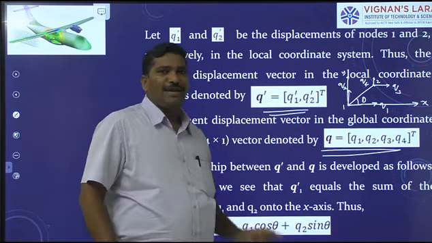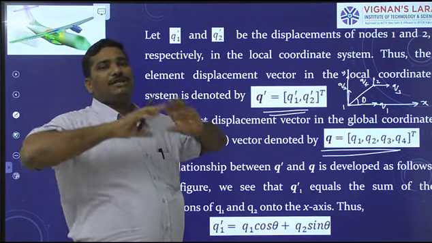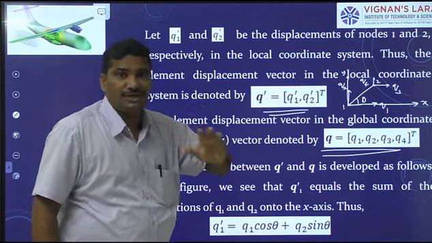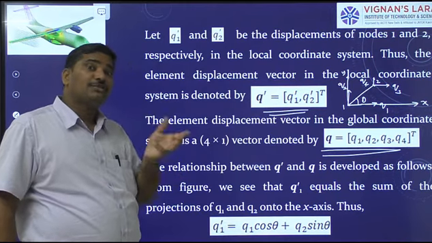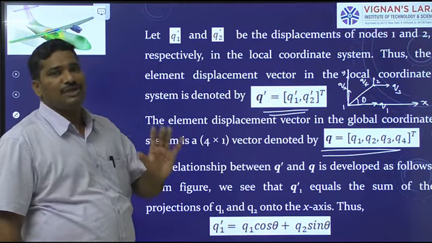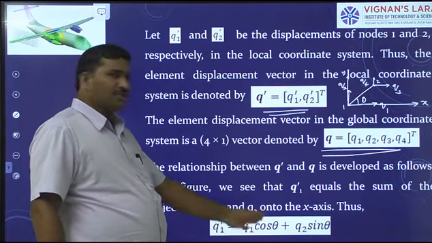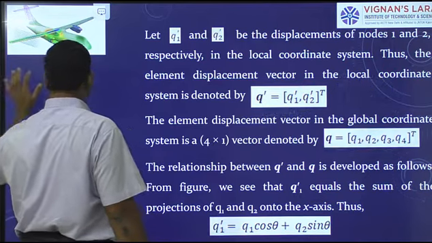Ultimately, the local nodal displacements you have to convert into the nodal displacements with respect to the global reference frame OXY. We had Q1 dash equals Q1 cos theta plus Q2 sin theta. We already derived it.